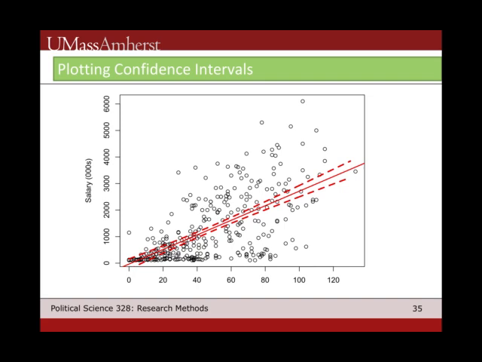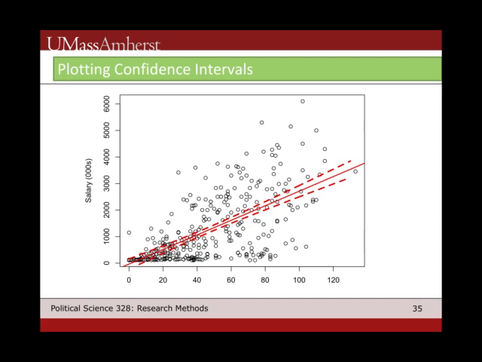What's nice about these standard errors is that it allows us to plot confidence intervals. I can't remember if we have it in our assignment, but I can certainly show you how to do confidence intervals in your plot. Often, if you've got an estimated coefficient, you might want to put the confidence interval around it.